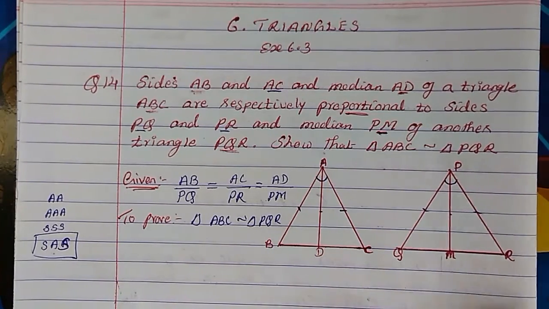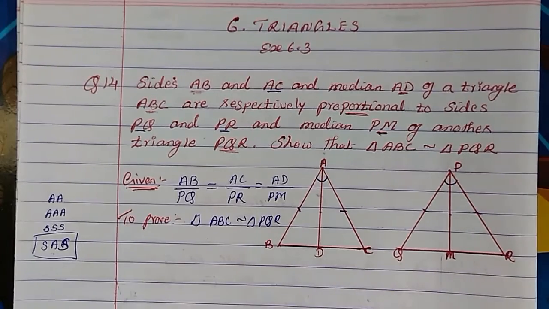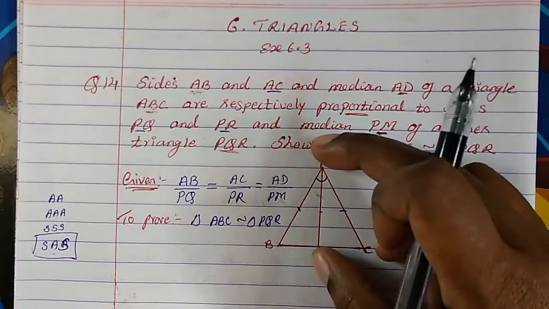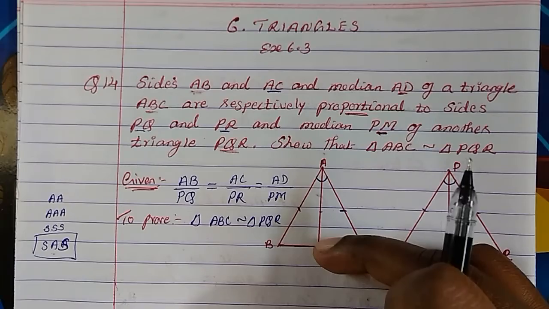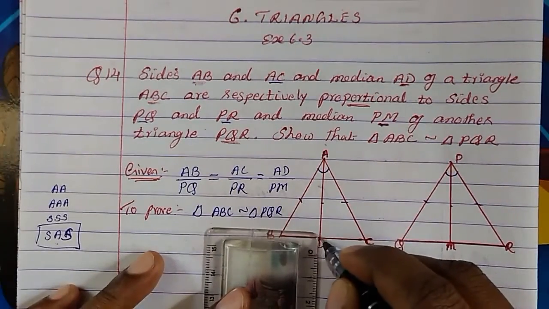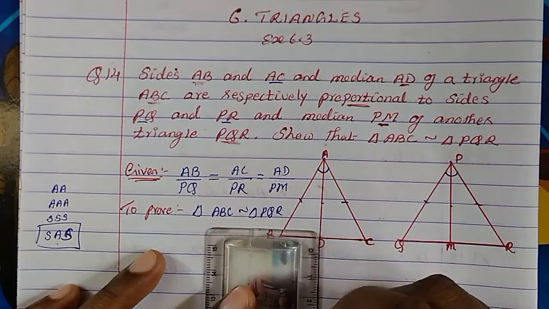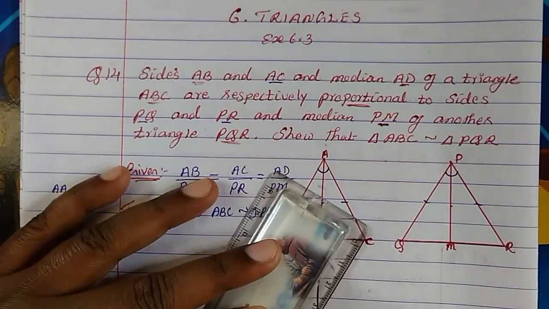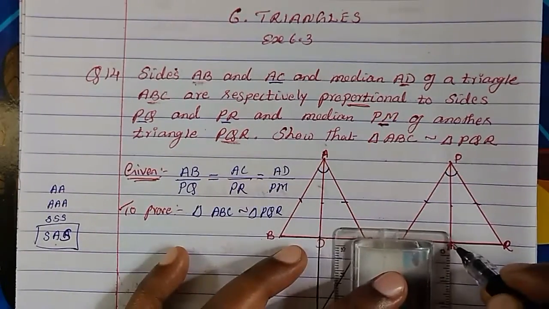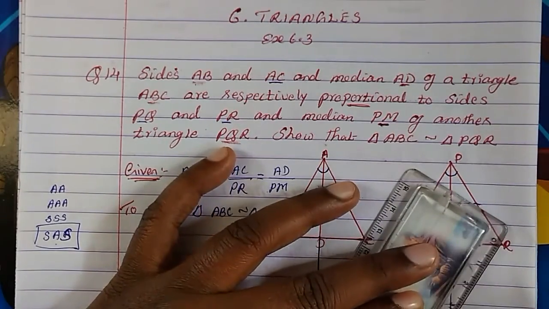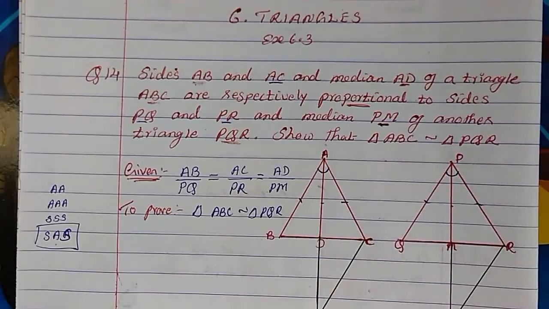So for this we have to do some construction in such a way that whatever is the length of AD, that same length we will produce here, and then join with C. Same way here also, PM we produce the same length and then join with R. So this construction we have to do.